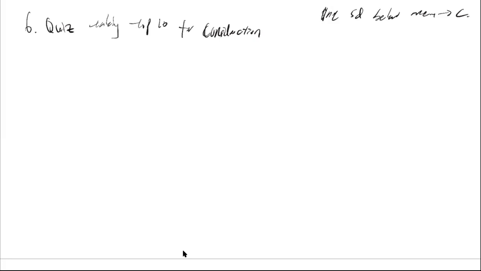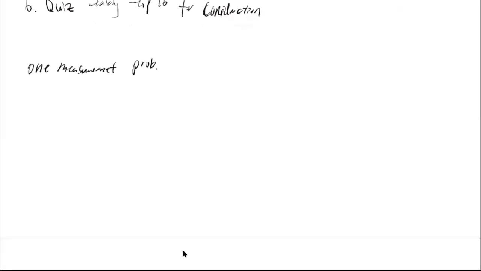So let's first start with one measurement problem. Remember, in hypothesis testing, we always have a null hypothesis, and the null hypothesis is something that we assume to be true.